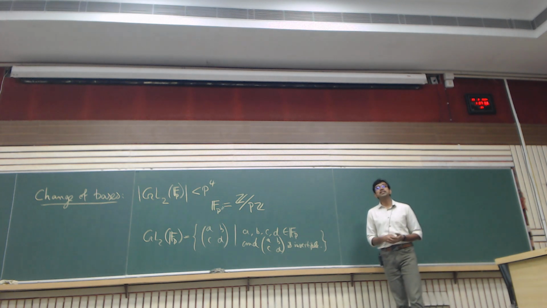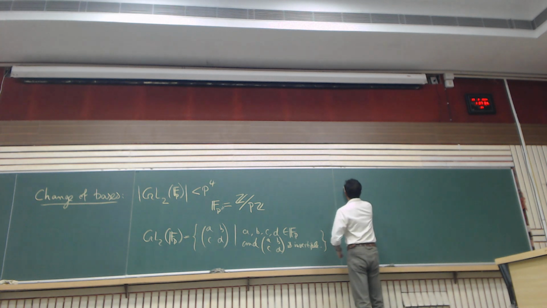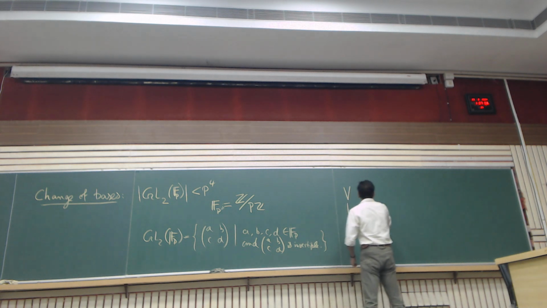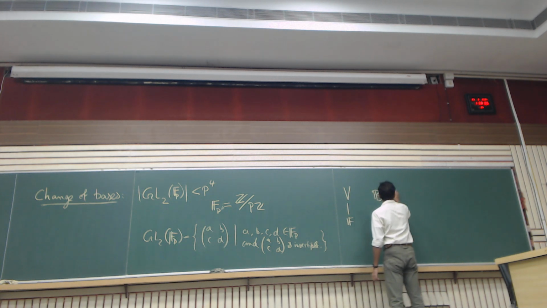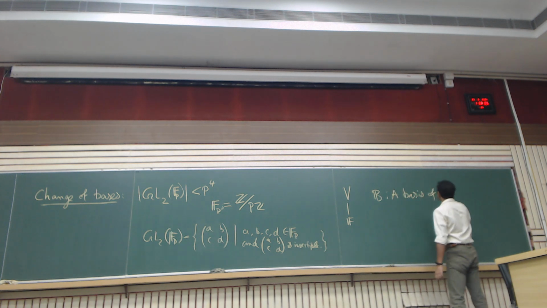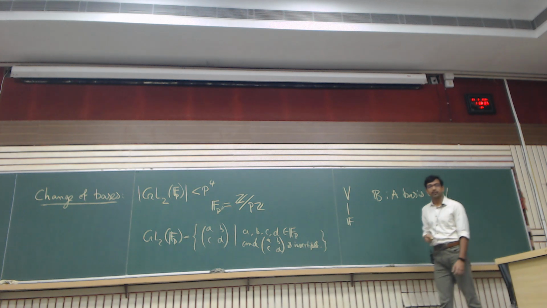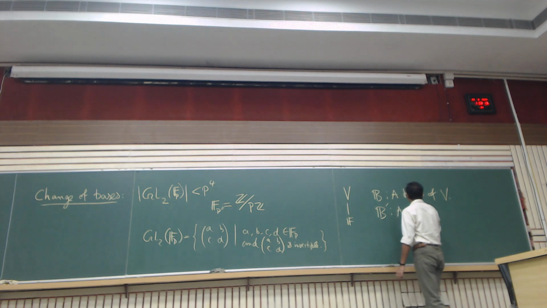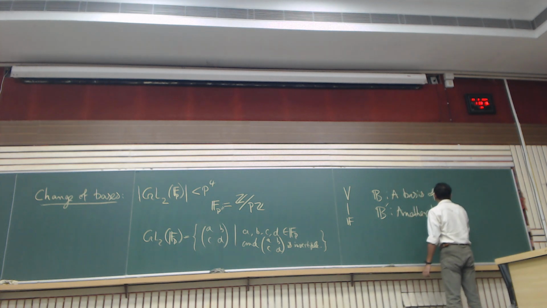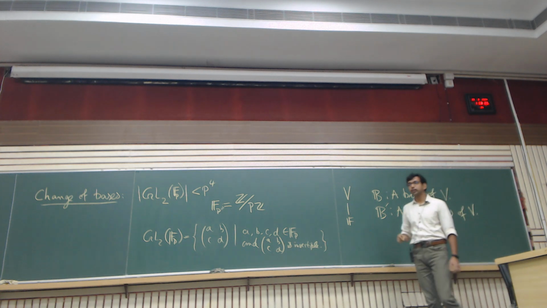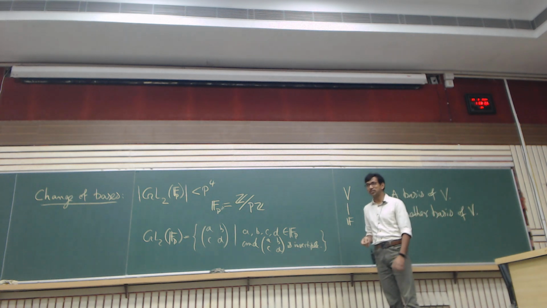So what do we mean by change of basis for a vector space? Let V be a vector space over some field F, and B is a basis of V. And suppose you have another basis, B prime, of V. Please keep track of time in the class.